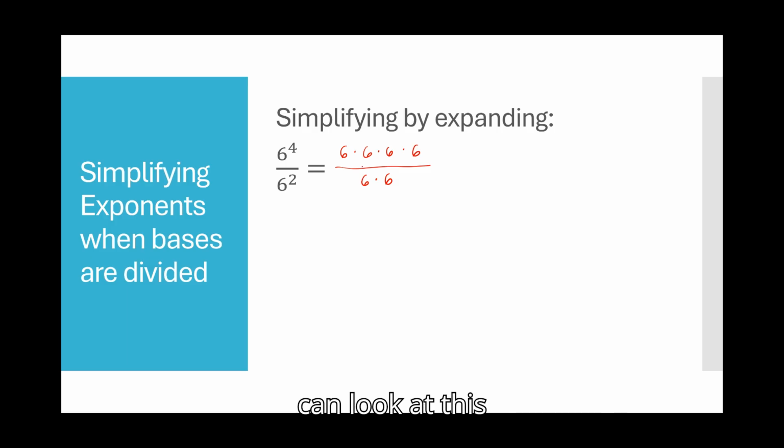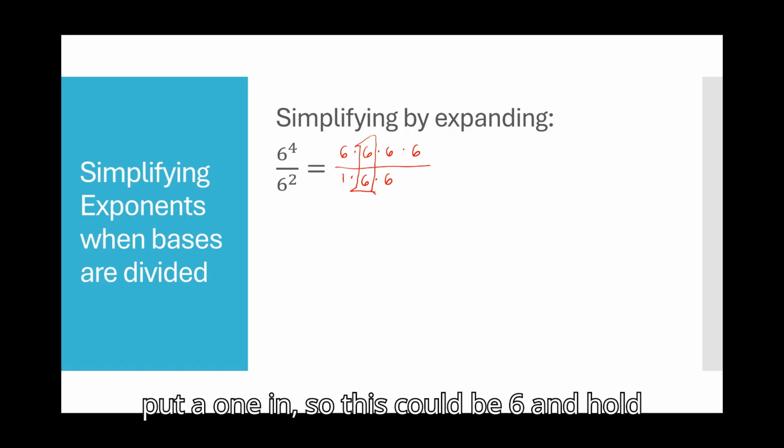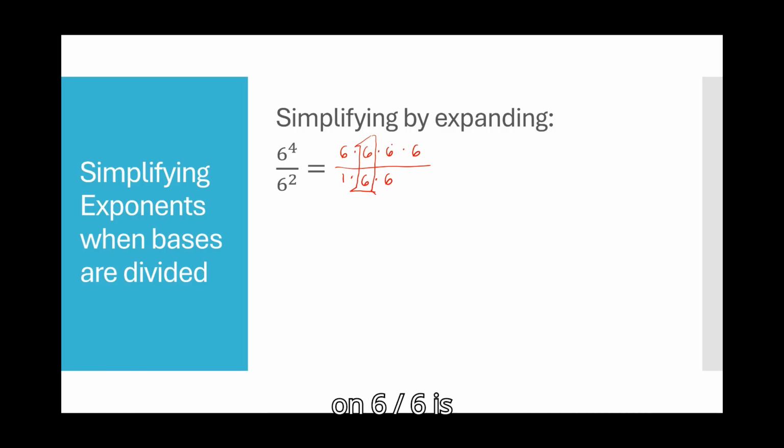I can look at this as a little fraction right here. This 6 divided by 6 is just a big 1, being multiplied with, I mean, you can always put a 1 in, so this could be 6. And hold on, 6 divided by 6 is also a big 1. Those are just a different way of writing an enormous 1.